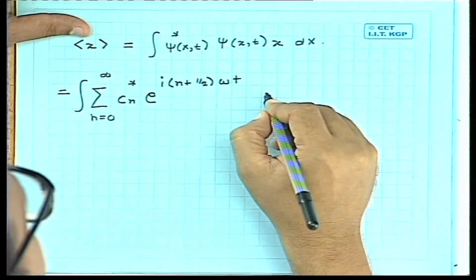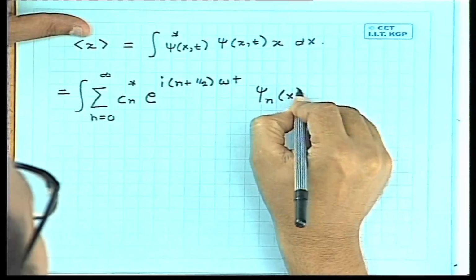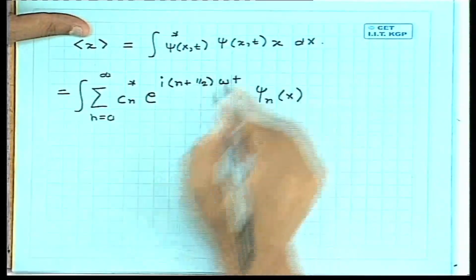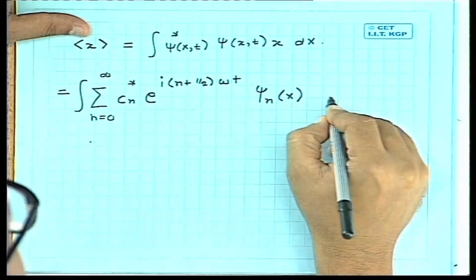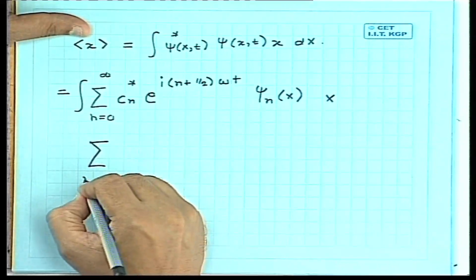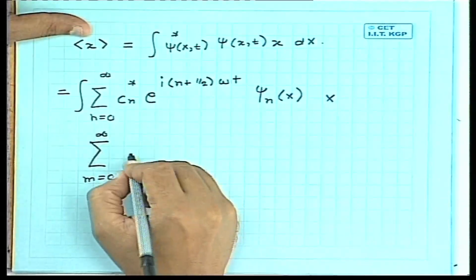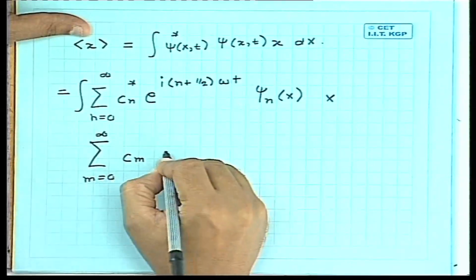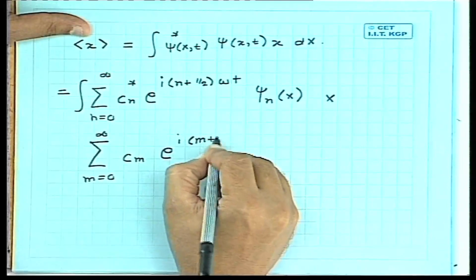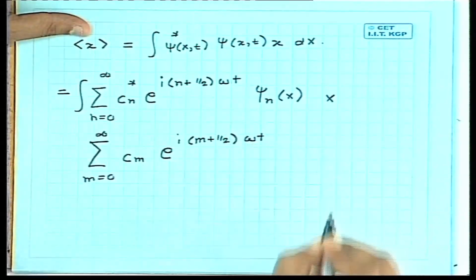And then we have psi n x. Now let us expand psi x, with m going from 0 to infinity, Cm e to the power minus i m plus half omega t.